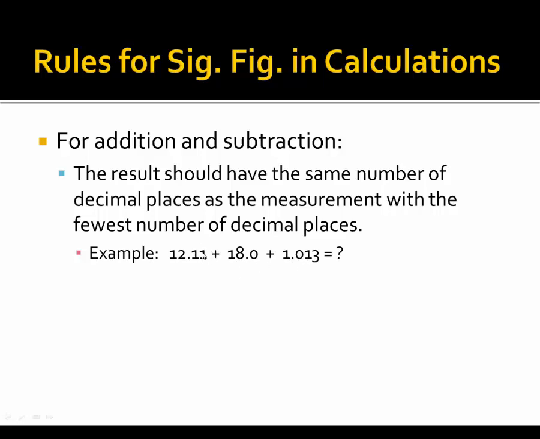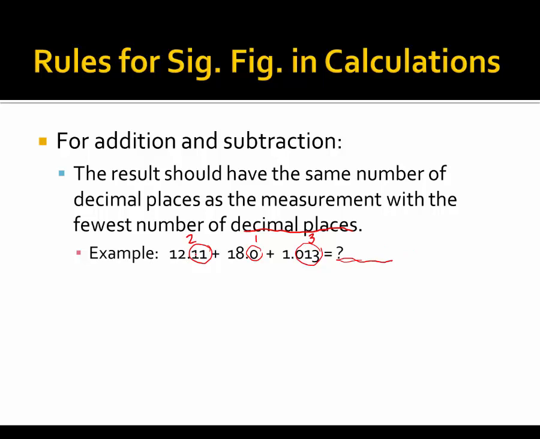This one here, 12.11, has two digits past the decimal place. Here we have one, and here we have three. Again, we're only looking at the decimal places. The one with the fewest decimal places is going to limit the accuracy of this answer.